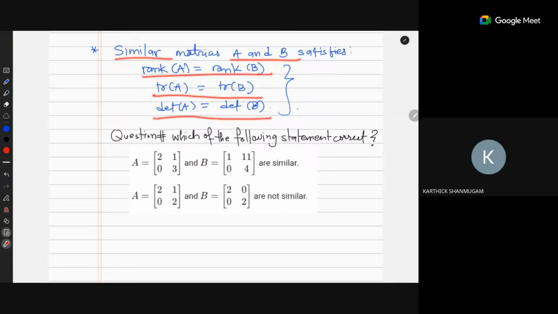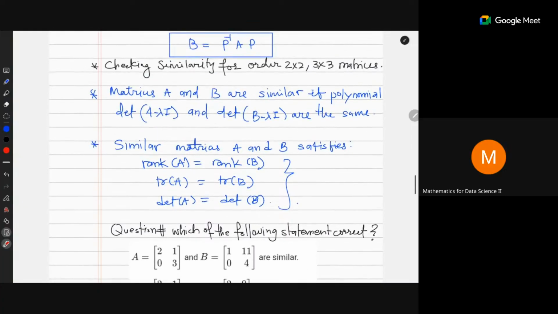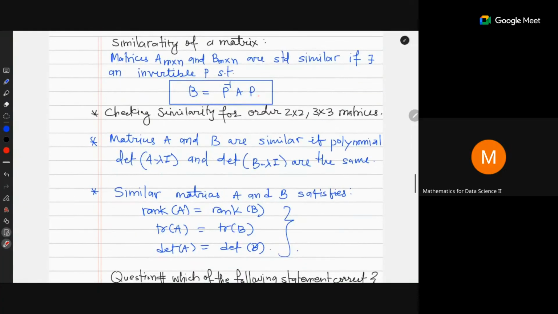These three conditions should be satisfied. But there can be matrices satisfying these three conditions that are not similar. Similar means this: this is the definition. There exists an invertible matrix P such that this happens.